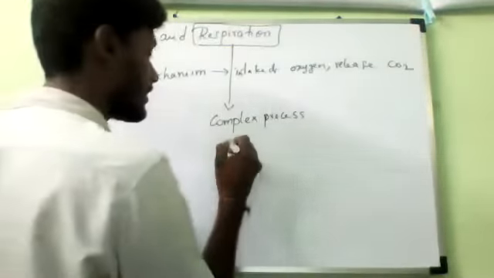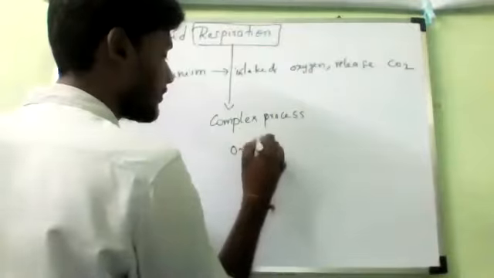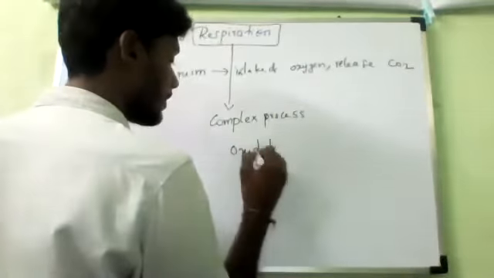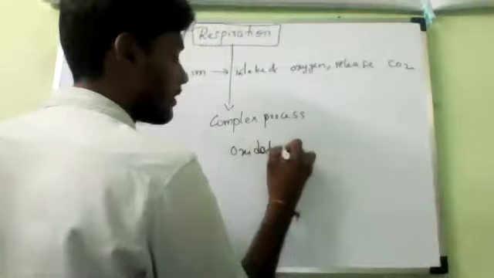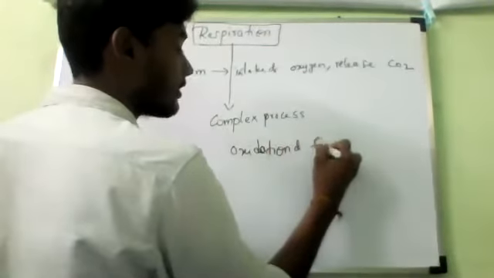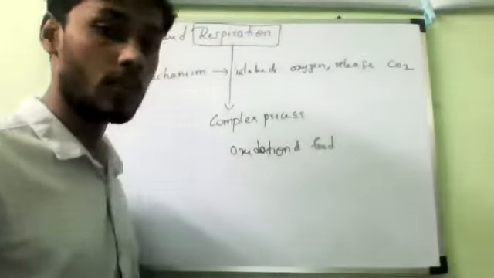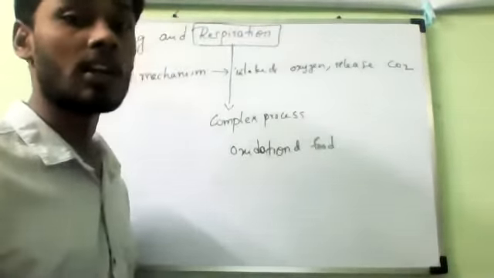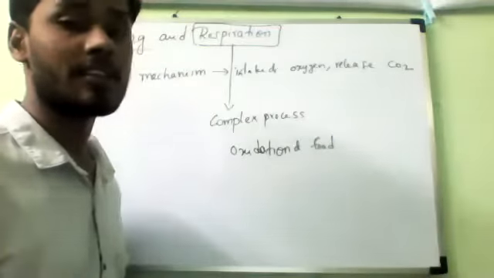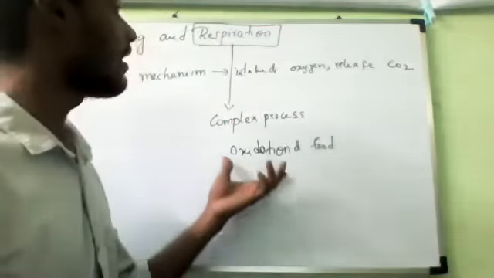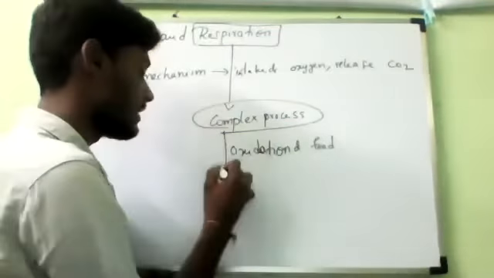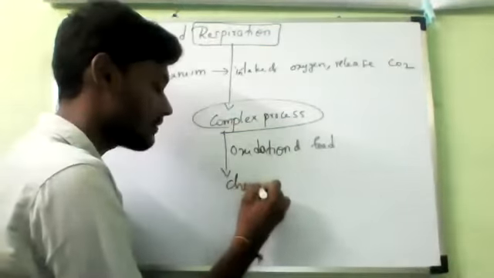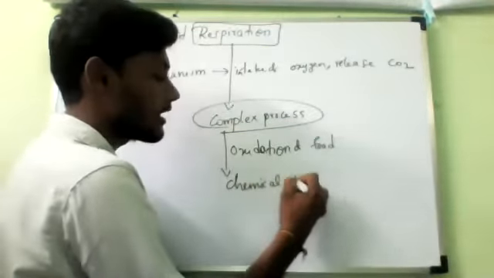Oxidation of assimilated food in the cells of the organism releases energy. That is why we call it a complex process as well as a chemical process.